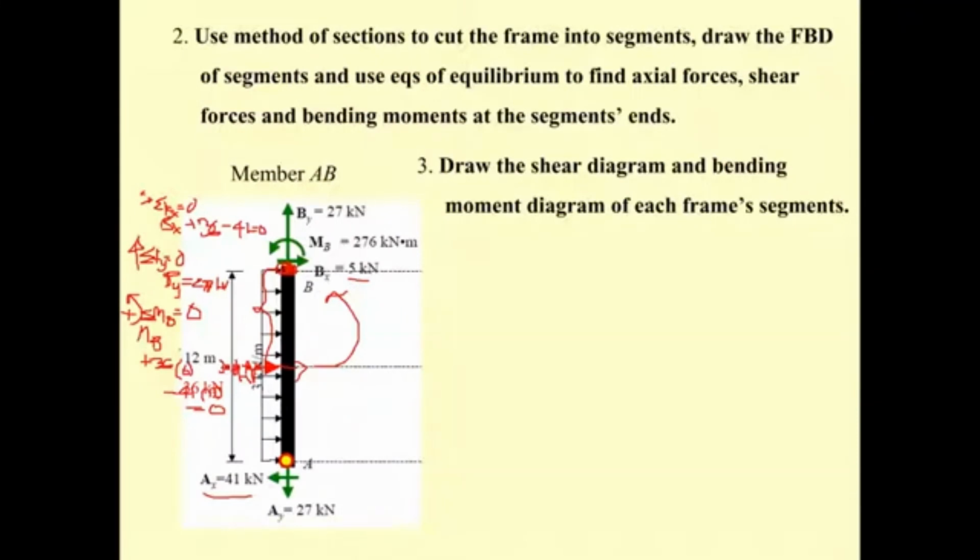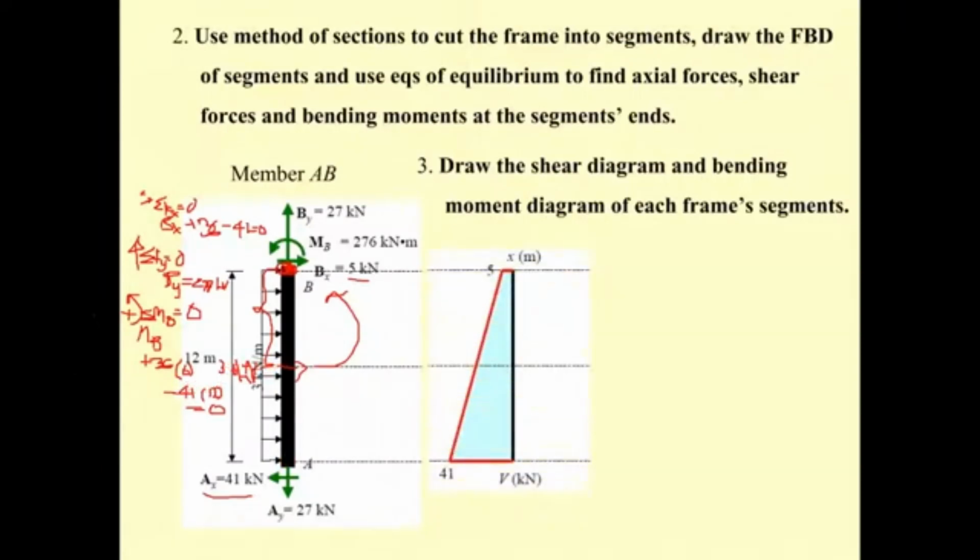You just stop the clip and put it into your calculator. So what is going to be the shear diagram? The shear diagram starts from here, 0, and ends up here at 12 meter.